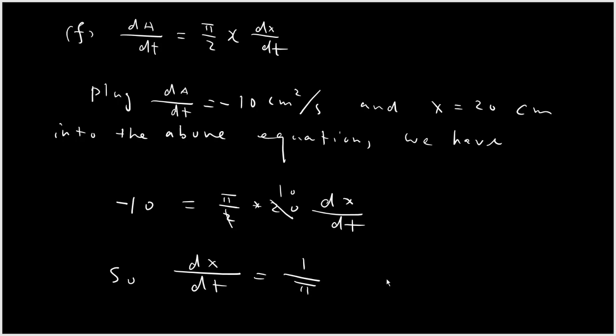I believe you have 1 over pi. Yeah, -1 over pi. Yeah, sorry about that. It's -1 over pi. So thank you. It's negative. It means the diameter is decreasing at that rate.